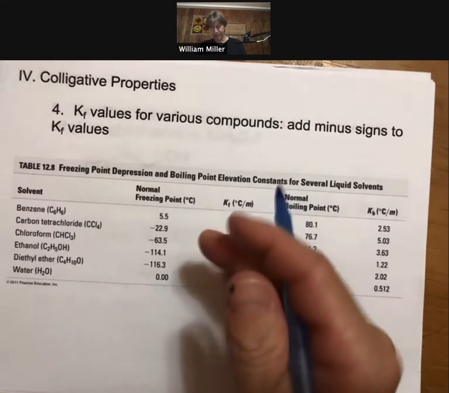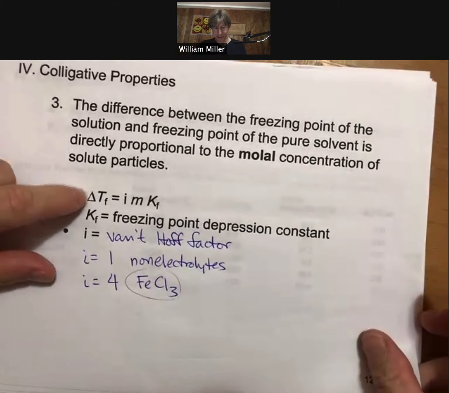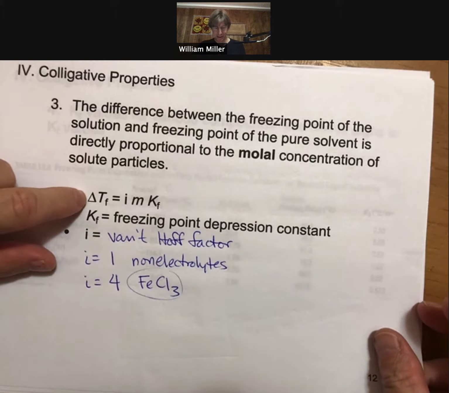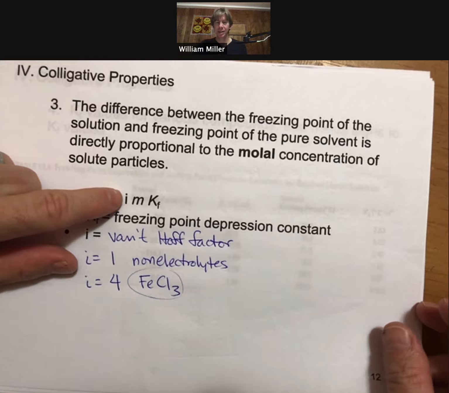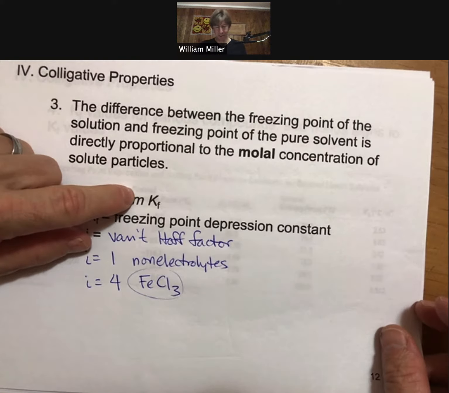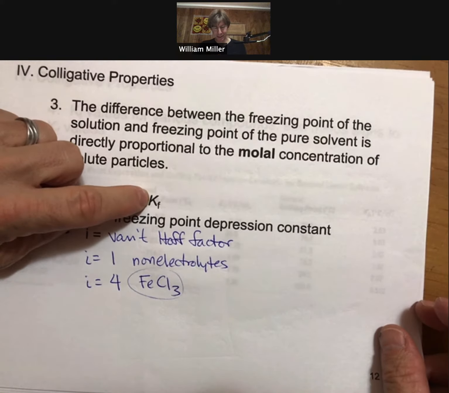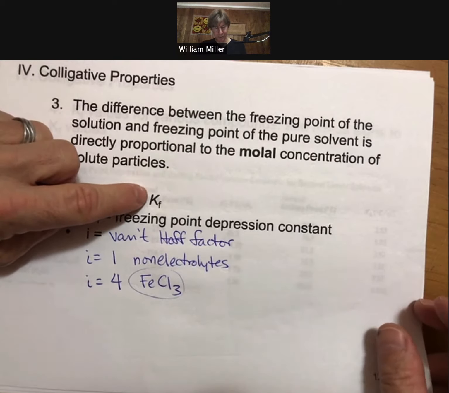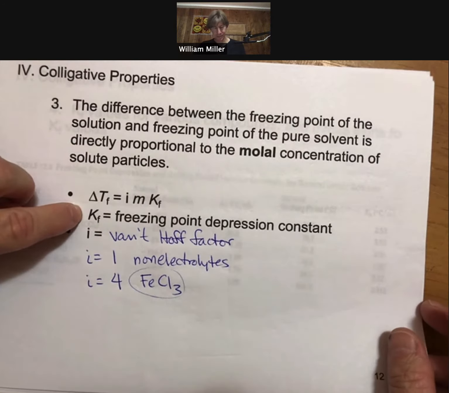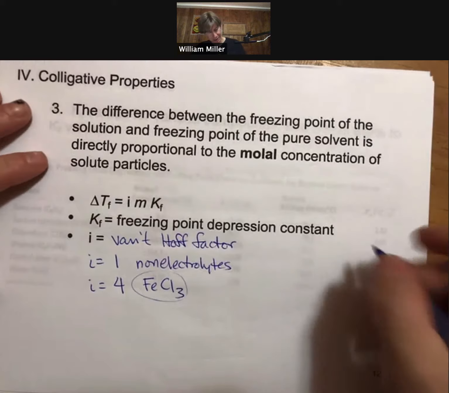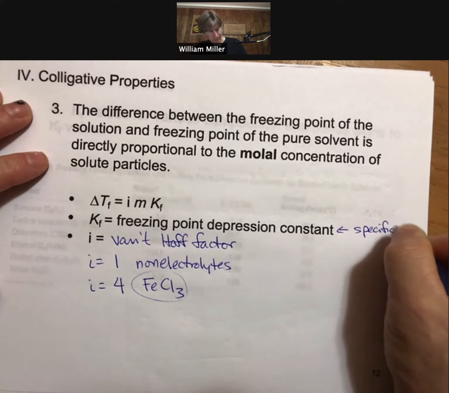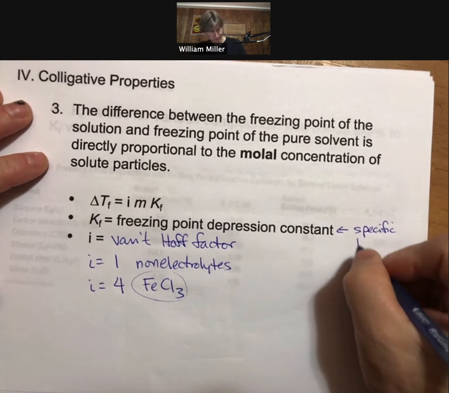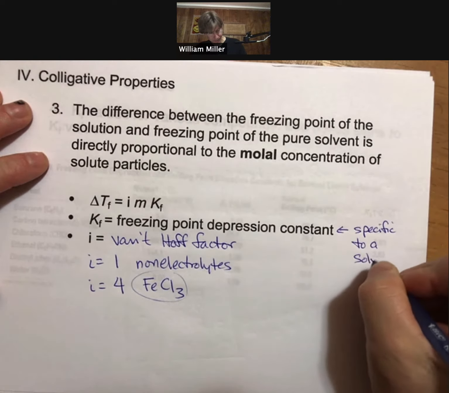Oh, and I forgot to mention, ΔTf, that is the change in the temperature of freezing. It is equal to the Van't Hoff factor times the molality times the freezing point depression constant. There it is. And the freezing point depression constant is specific to each solvent.